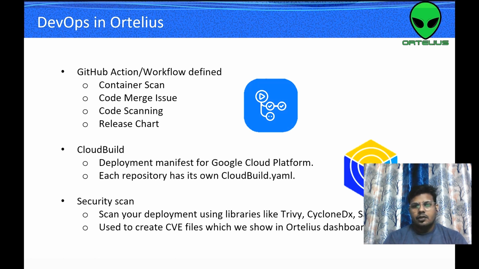Okay, so DevOps in Ortelius. Here are a few things that I would like to mention: the GitHub Actions that we follow, and other security and cloud build details. As we all know, a GitHub Action is basically a workflow defined in GitHub. We have a couple of steps there.